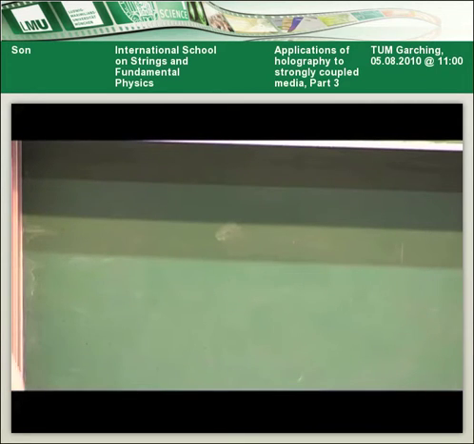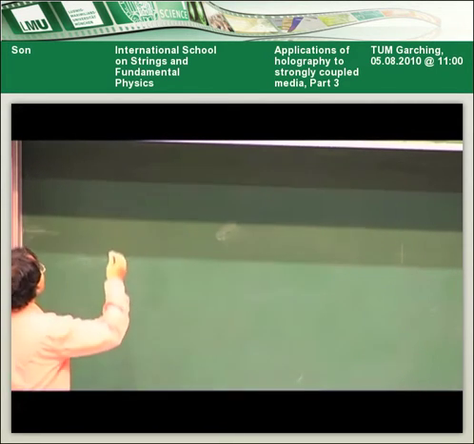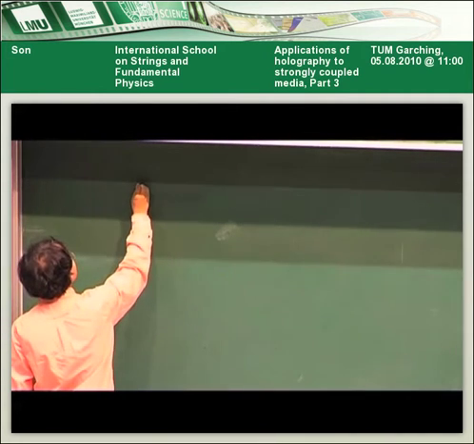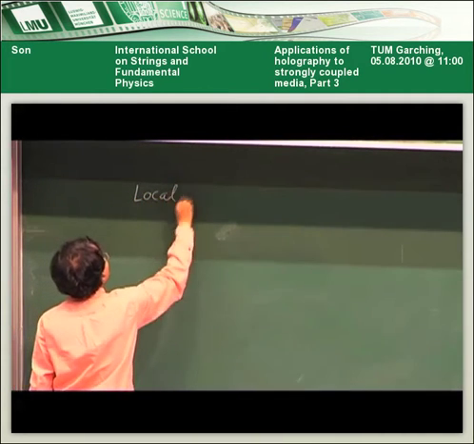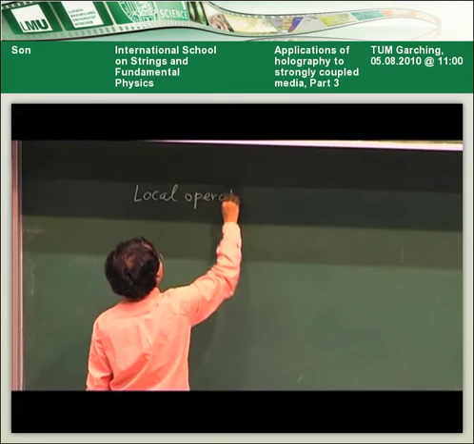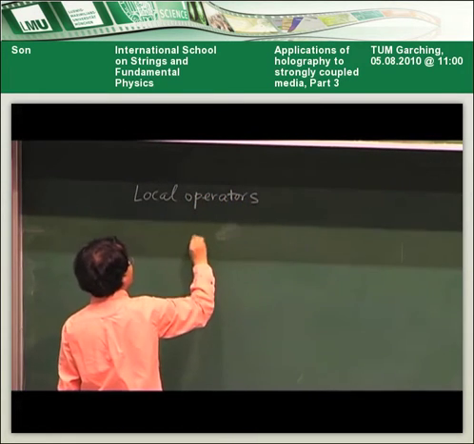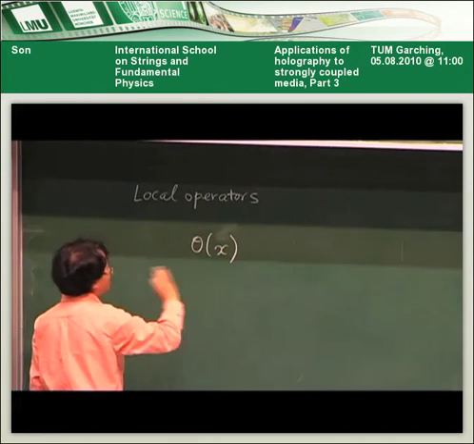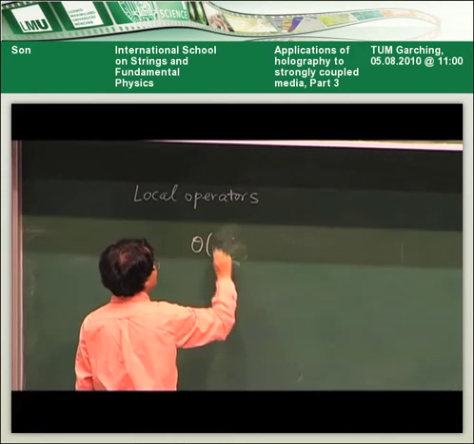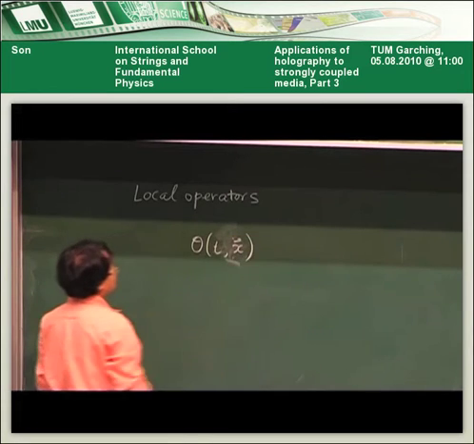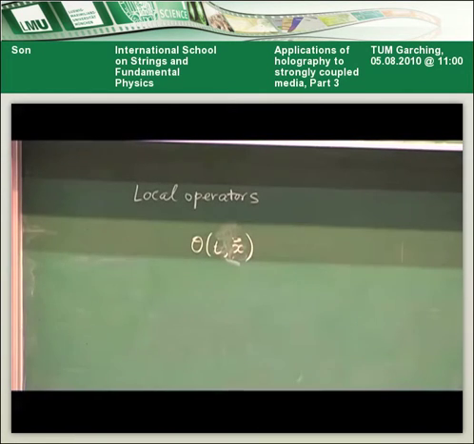As usual in quantum field theory, we have the notion of local operators. We have an operator that depends on time and space. So here, let me write it as O(t, x). For example, the operator psi or the operator phi would be this operator in the non-relativistic conformal theories.